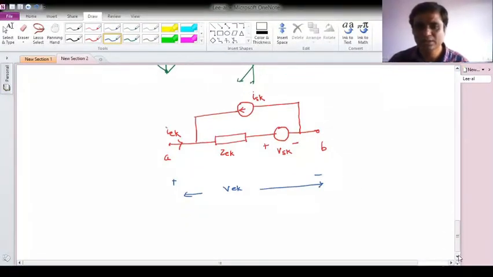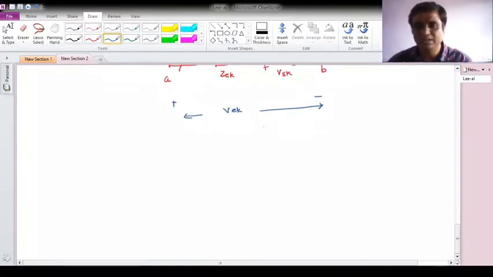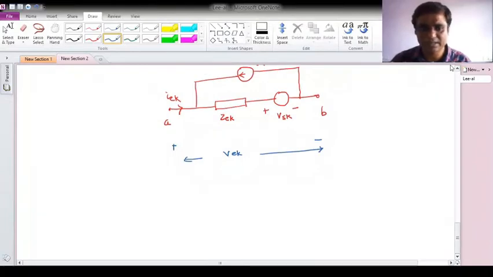So for any branch K, we can write the equation. What will be the total voltage? The voltage across AB, VEK, will be IK plus ISK into ZDK, so it will be ZDK multiplied with the addition of two currents, IK plus ISK, plus VSK.